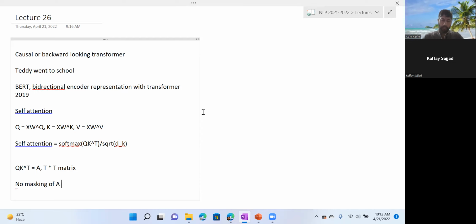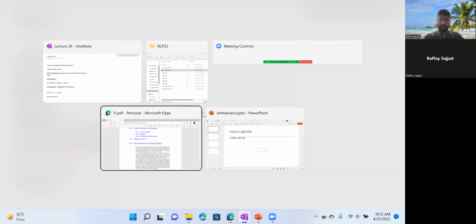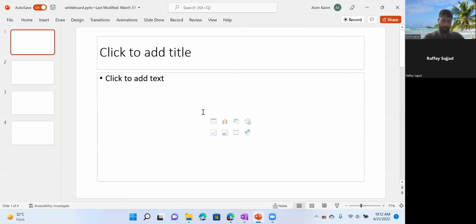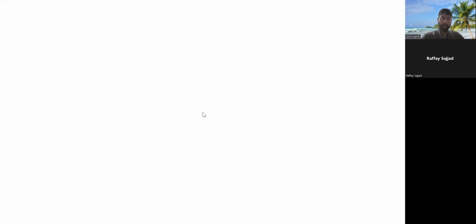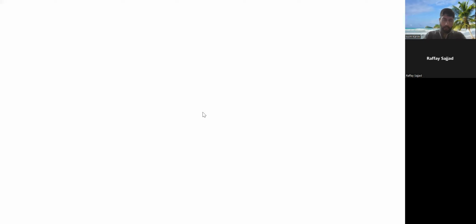So the matrix would be a full matrix, as I said. And of course, the current word would be represented by the diagonal.